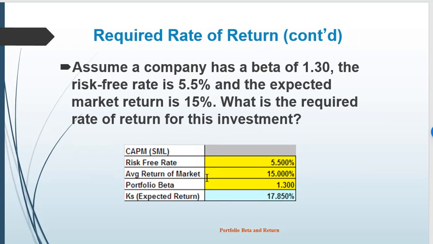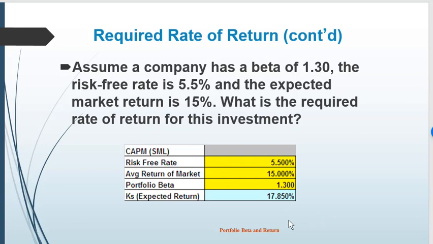So if a company had a beta of 1.3, the risk-free rate is 5.5%, and the stock market return is 15%, what's the required rate of return for this investment? Again, we can use this portfolio beta and return worksheet to solve for this. There are other places where you'll be able to use this, but this is the easiest place to find it.